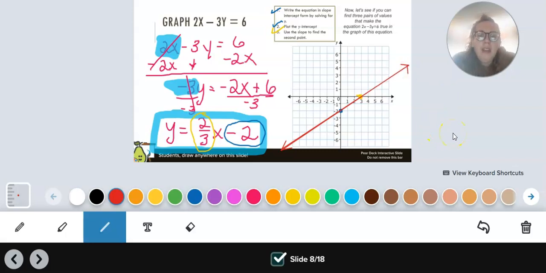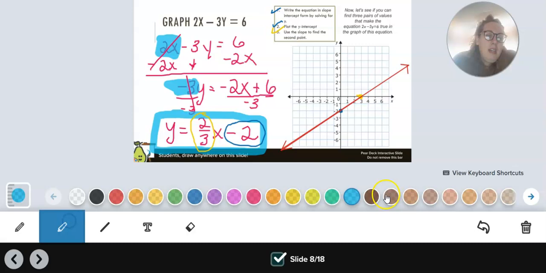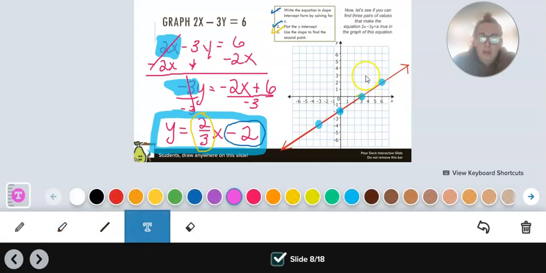Now let's see if you can find 3 pairs of values that make the equation true in the graph of this equation. So what this means is there are points on this graph that will make that equation true. And these grid line points are perfect examples of that. Each of these points will make that equation true.